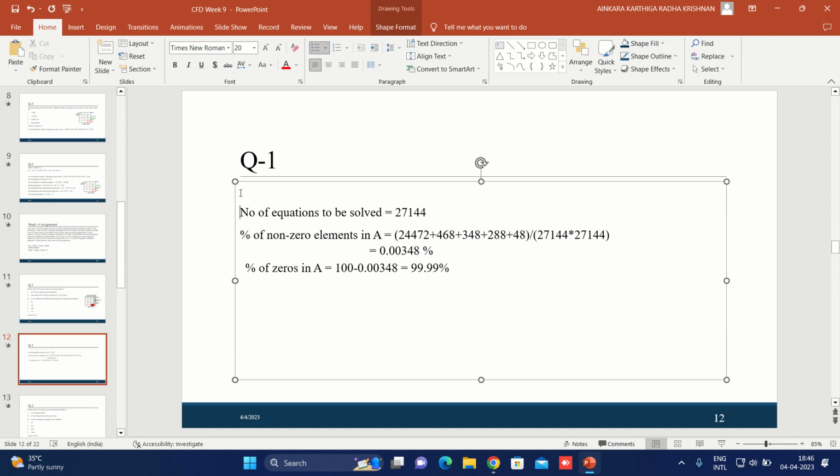So in the last problem itself, we saw the number of equations to be solved for any problem. It was basically depending on the number of intervals in which it was divided.